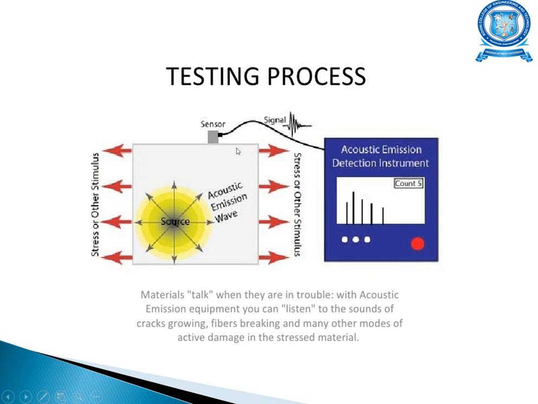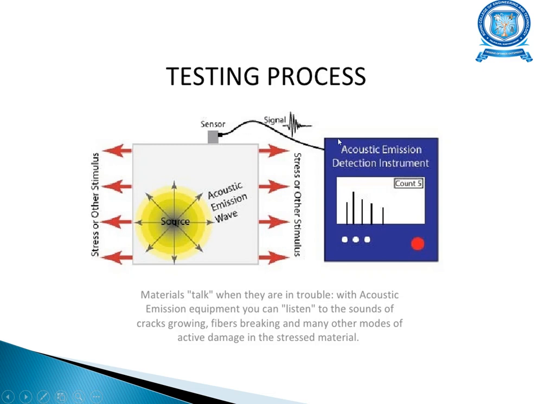Here you have the test specimen, and a sensor above the test specimen. The test specimen is subjected to an external stimulus, and as energy is released, acoustic emission waves are released from the test specimen where there are defects. These emitted acoustic waves are sensed by the sensor and transmitted as a signal.